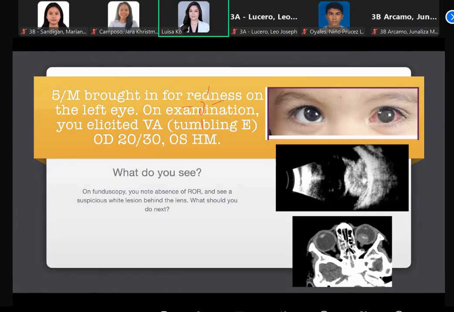And then, can somebody read the CT scan below this now? Remember to read the modality, the region, orientation also in the section. Give you 30 seconds to compose your answer.